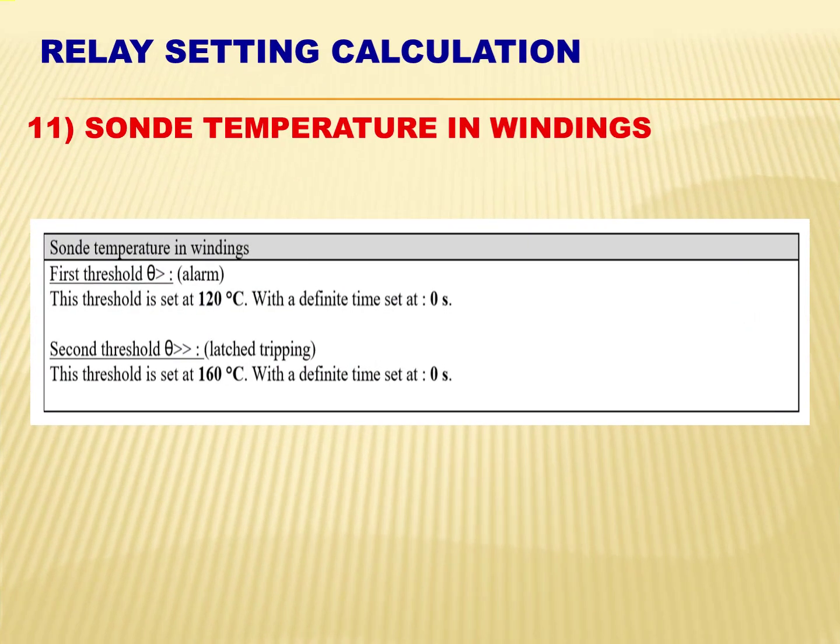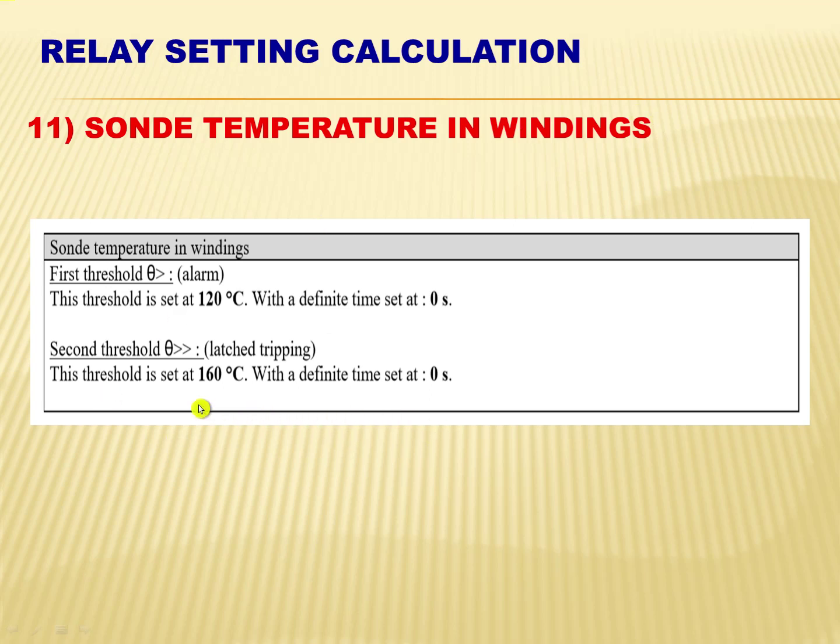Our last protection will be the sonde temperature in windings. We have two thresholds here. One is for the alarm and the second threshold is for the tripping of our contactor. Our first threshold is set at 120 degrees centigrade. By the way, this is normally a recommendation from the motor vendor with a definite time set at 0 seconds.